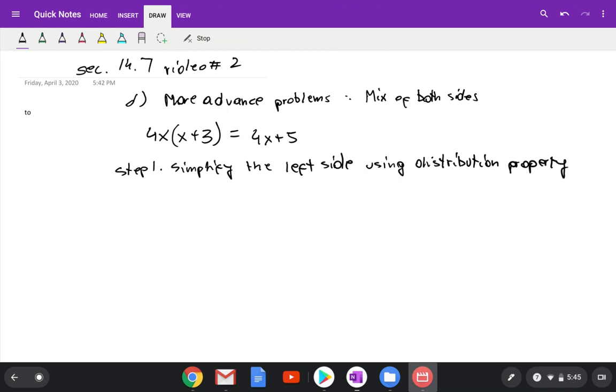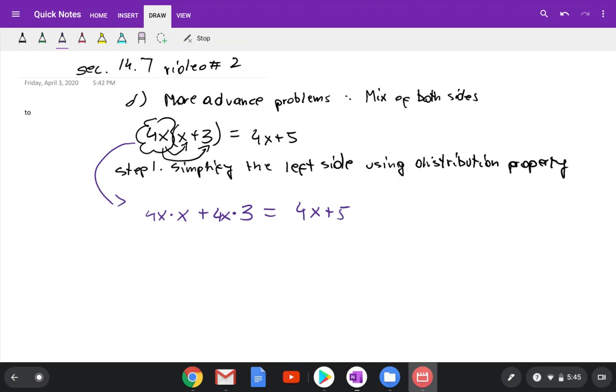Again, because I don't have a 0 on the right side, I need to distribute first. You're going to take that 4x, multiply by x, and take that 4x and multiply by 3. So we distribute: 4x times x plus 4x times 3 equals, and I copy the right side, 4x plus 5.